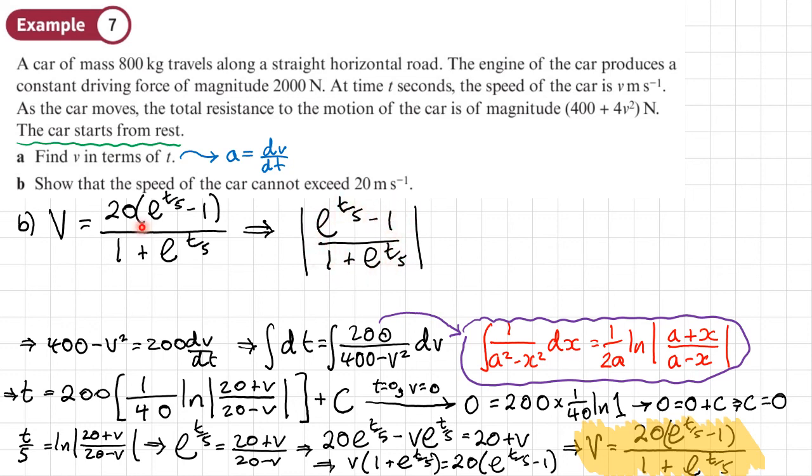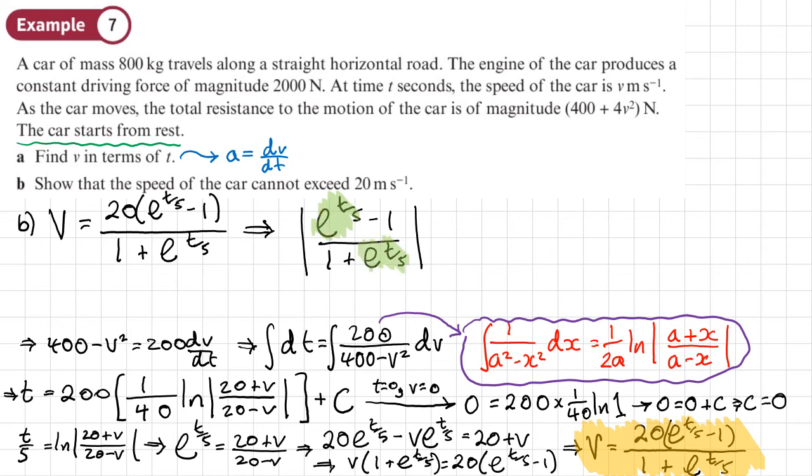what are we going to be multiplying 20 by? We really want this bit to be less than 1. That way we're always going to have a velocity less than 20. So whether this is positive or negative, we want the modulus of this to be less than 1. Now, we've done something similar to this before, where this part and this part are the same.